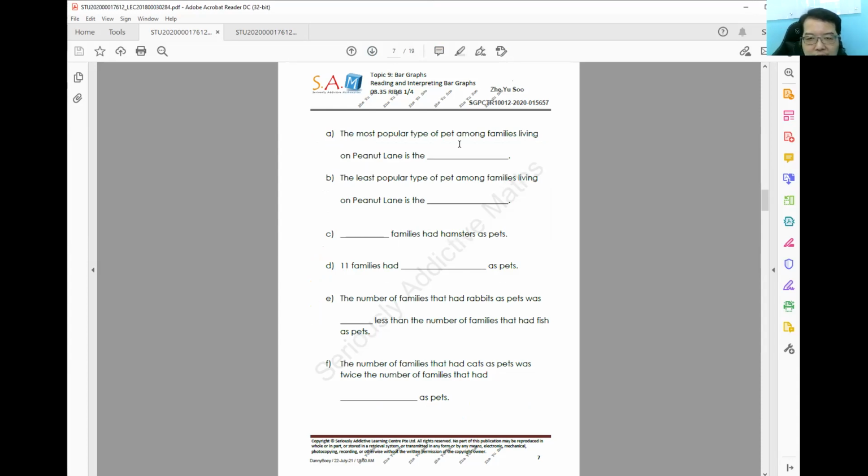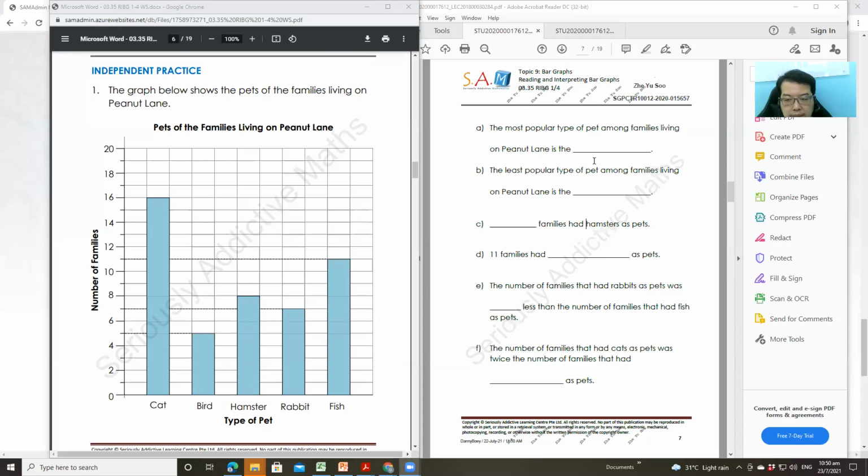Especially for the benefit of those who don't have the worksheets, let me put up the bar graphs and questions together. Then you can write your answers based on what you see on the screen. There you go. I have already put both pages together.